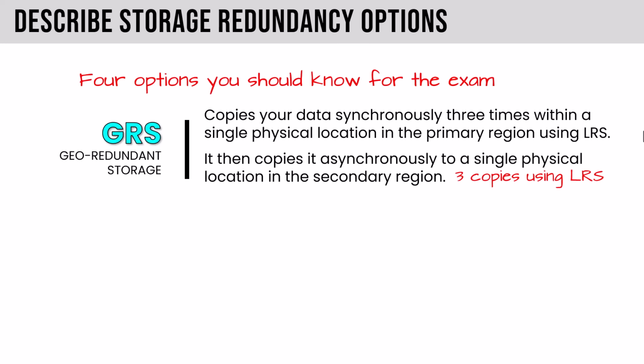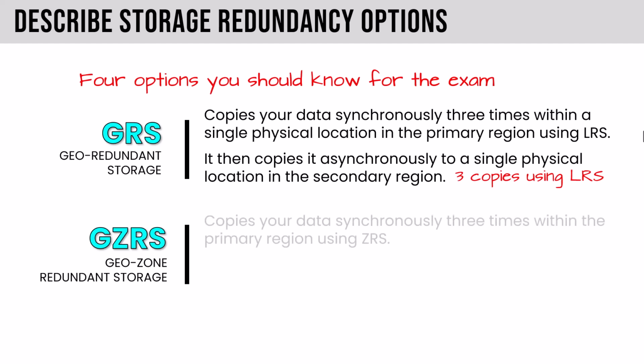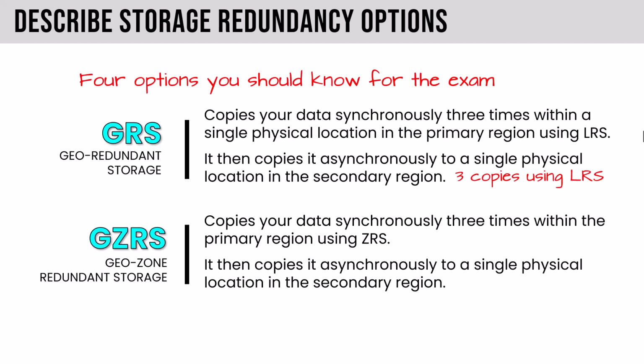And then we have GZRS, Geo-Zone Redundant Storage, which copies your data synchronously 3 times within the primary region using ZRS, Zone Redundant Storage. So we're gaining the benefits of that secondary region, but we're also gaining the physical protections of availability zones within each of these regions.